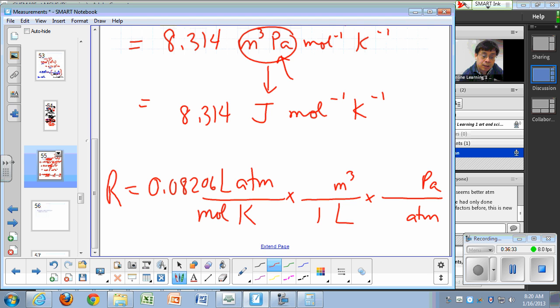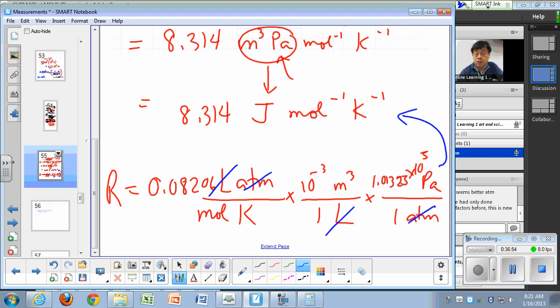I know that 1 liter is 10 to the negative third cubic meters, and I know that 1 atmosphere is 1.01325 times 10 to the fifth Pascal. So here, liter cancels out, atmosphere cancels out. That's another way you do it, and you should get the same answer: 8.314 joule per mole per Kelvin, or 8.314 cubic meter Pascal per mole per Kelvin.